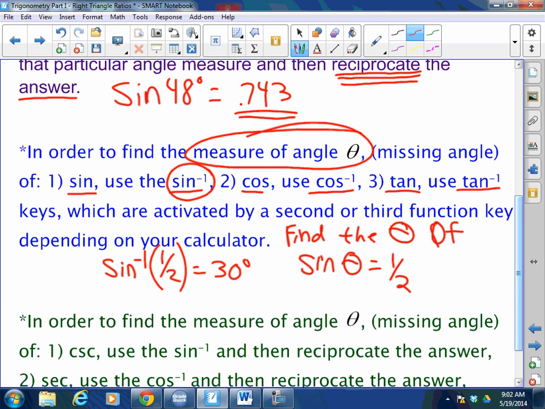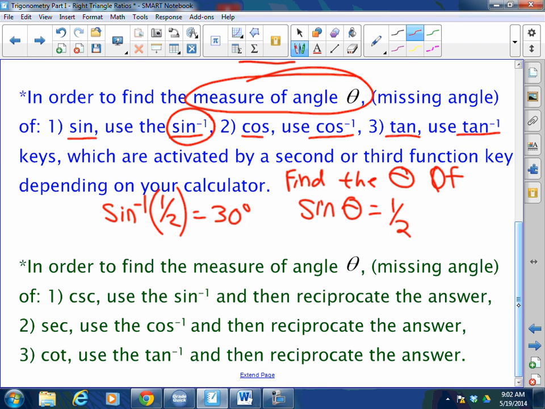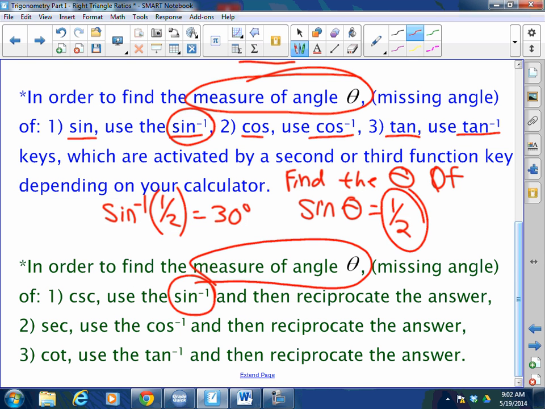Okay. And last but not least, this one's a little tricky. In order to find the measure of the angle, again, the angle measure, the missing angle of a cosecant, pay attention, you're going to use the inverse sine, okay, and you reciprocate the answer or the value that they gave you originally.